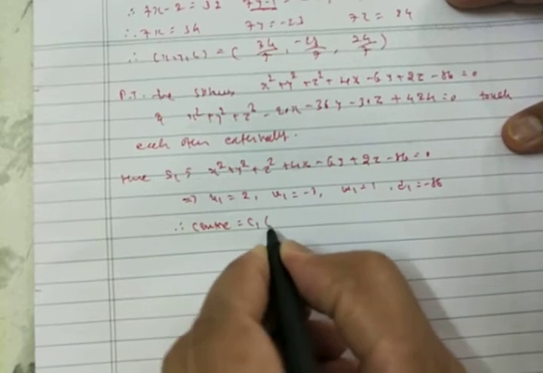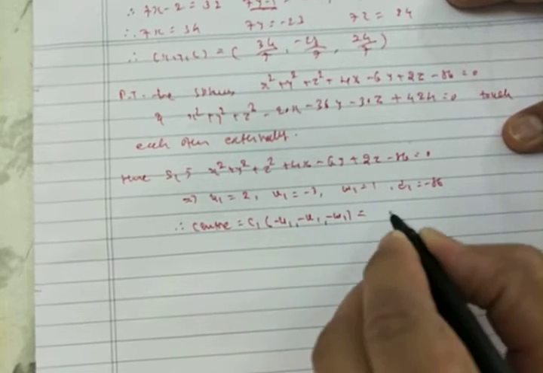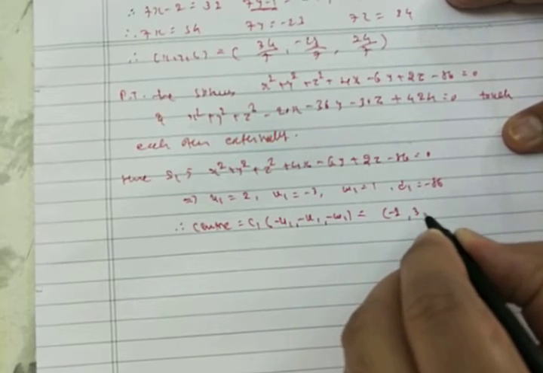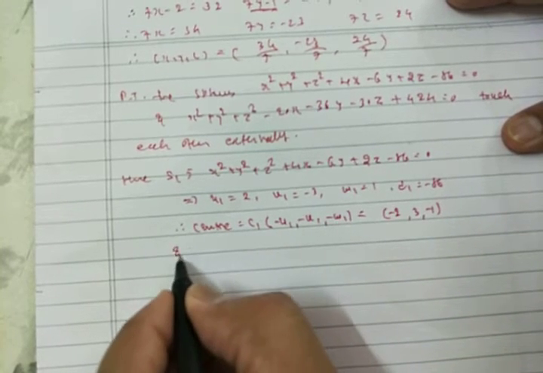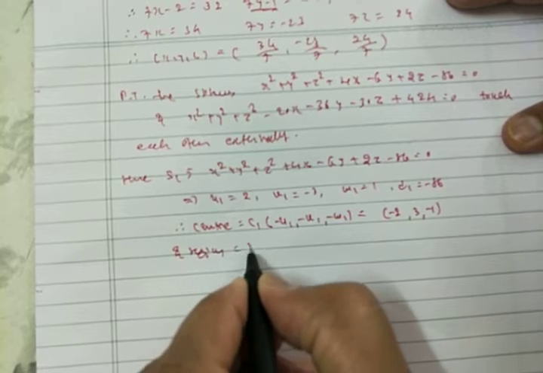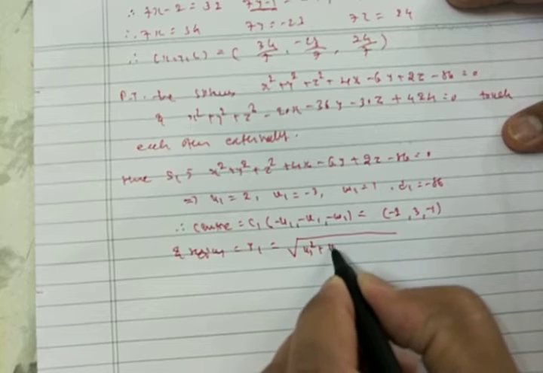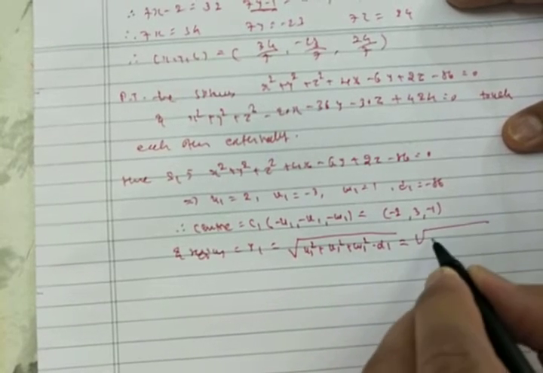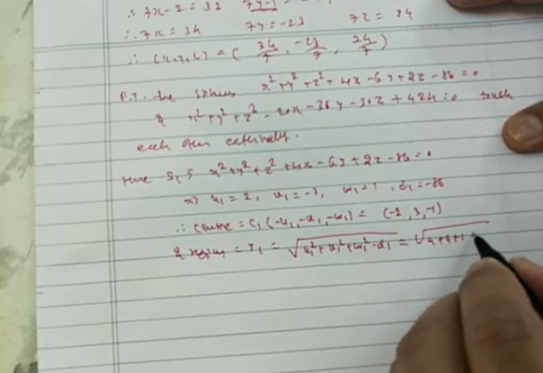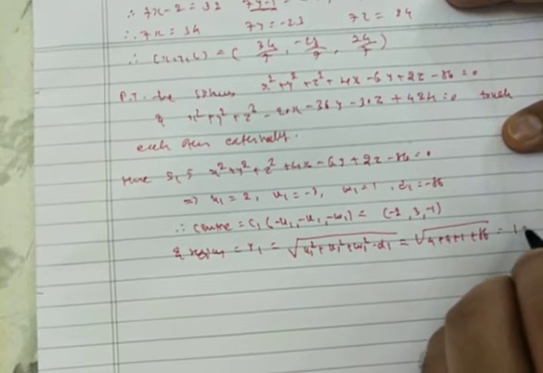Therefore center C1 is minus u1, minus v1, minus w1, that is minus 2, 3, minus 1. And radius r1 is equal to under root u1 square plus v1 square plus w1 square minus d1. 4 plus 9 plus 1 plus 86, 4 plus 1, 9 plus 1, 10, 10 and 96 plus 400, that is 10.